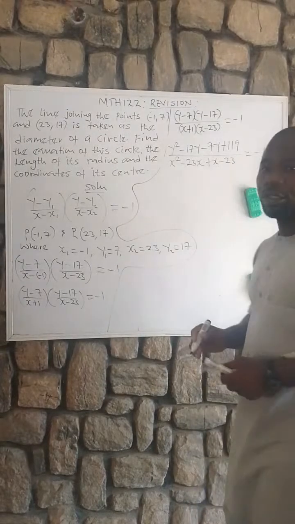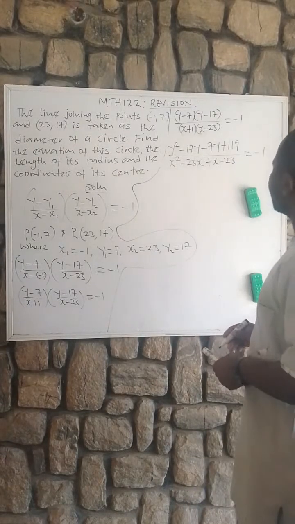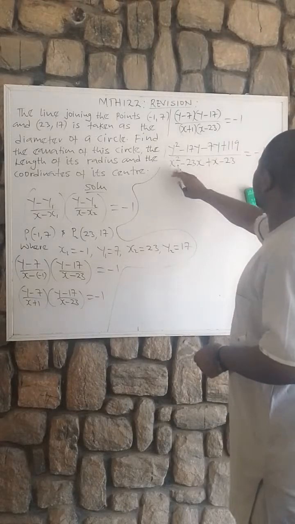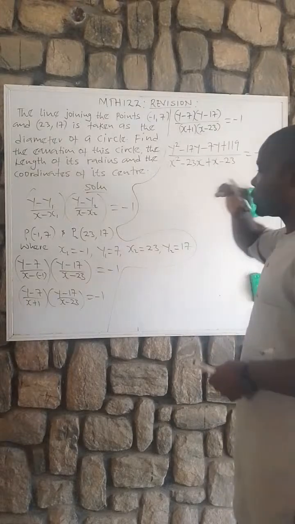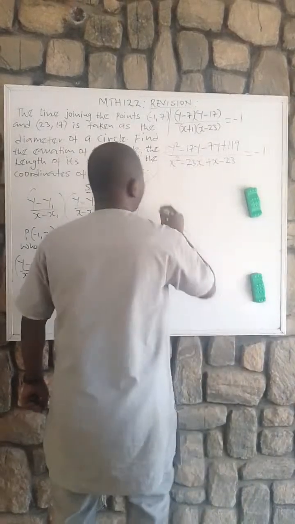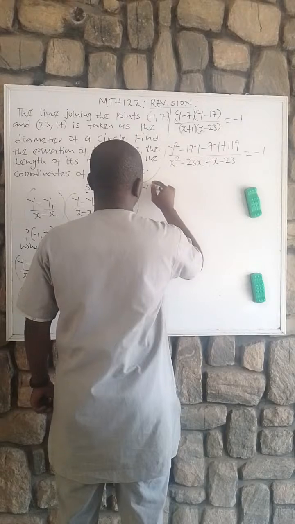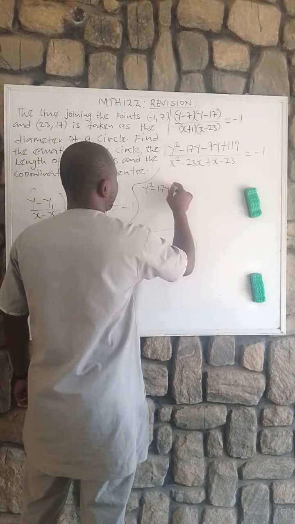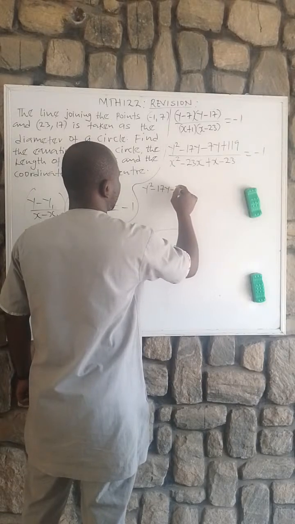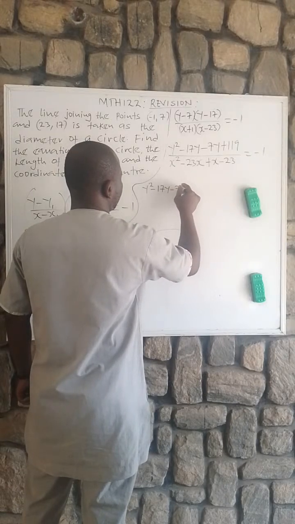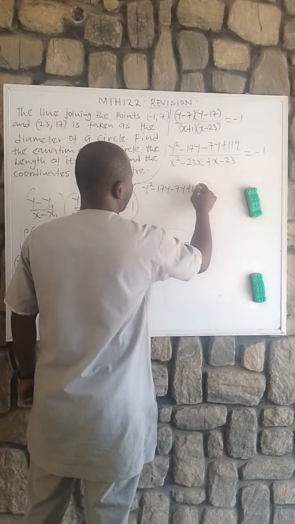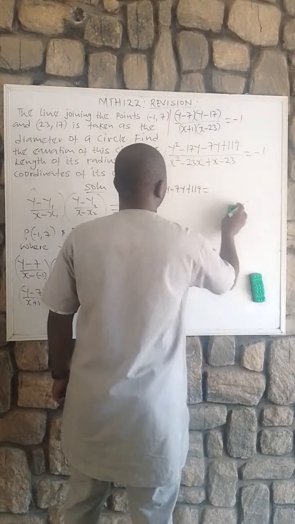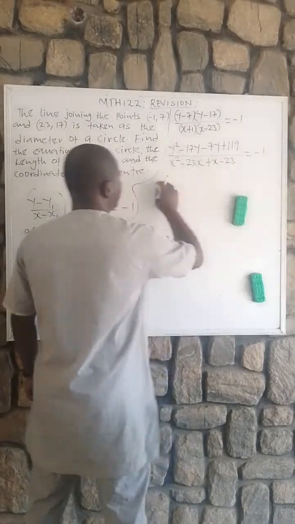True or false? So at this point, what are we going to do? We have to cross multiply. Use this to multiply minus 1. So if we do so, we are going to have y squared minus 17y minus 7y plus 119 equals to, okay, at first, let us sum it up.